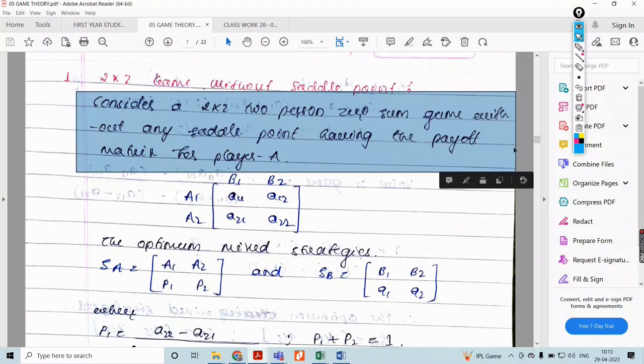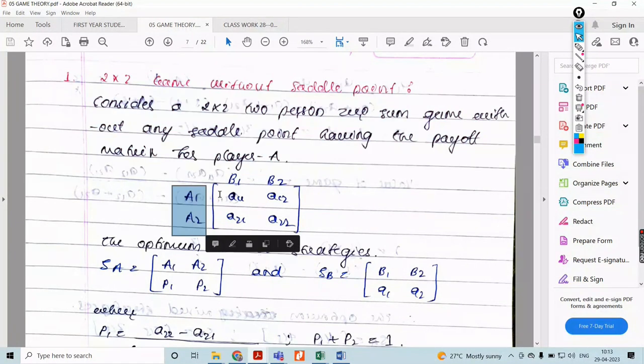Keep this in mind. Then there will be a player A having 2 options, and player B having 2 options. Okay, A1, A2, B1, B2.